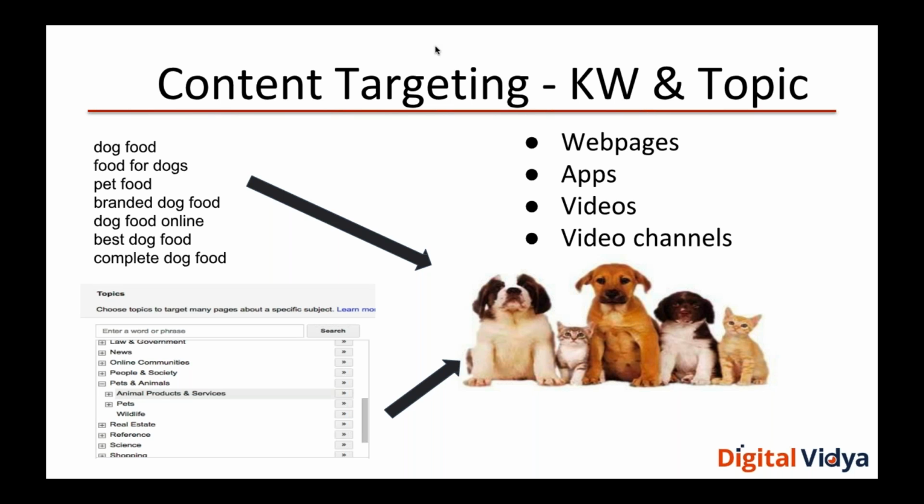If it matches, an ad from this ad group gets triggered and competes with other advertisers, competitors, to show up on that page. So no one keyword is triggering the ad. The entire theme is matched with the theme of the web page, the mobile app page, or the YouTube video channel.